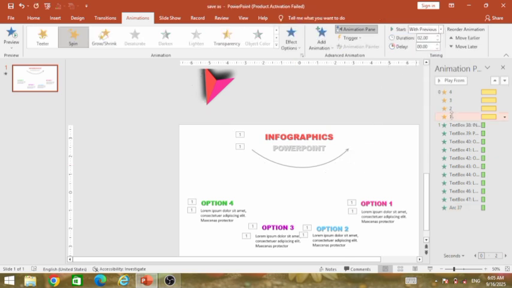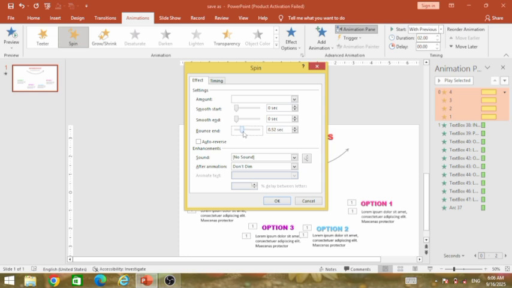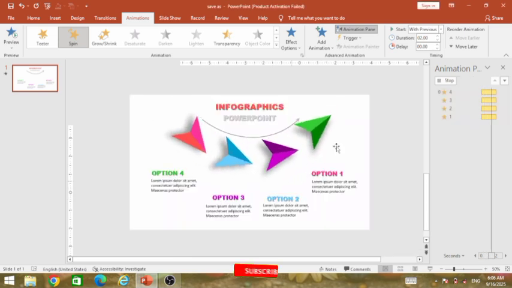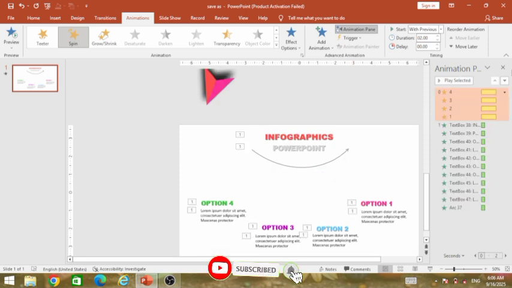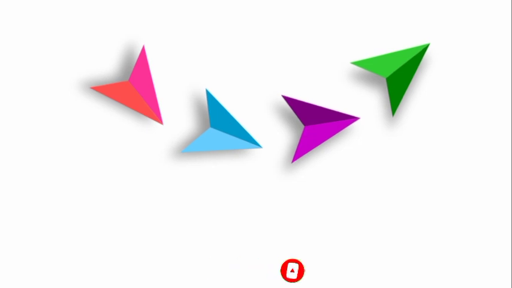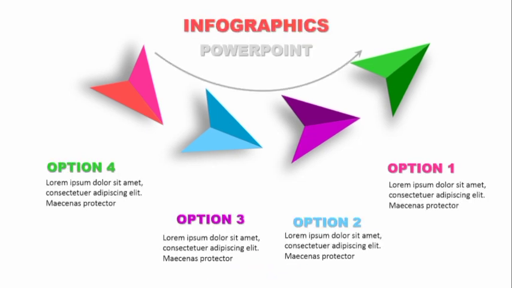Now let me select all the content from here like this. Go to Spin like this. Now this is perfect and amazing, and now let me watch the slideshow. Now this is perfect and amazing.